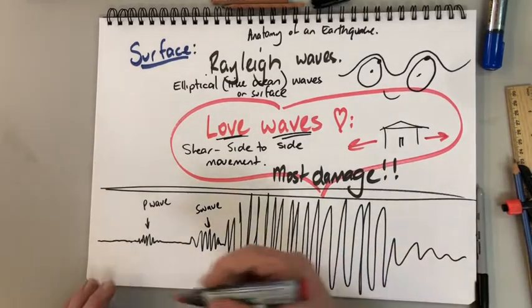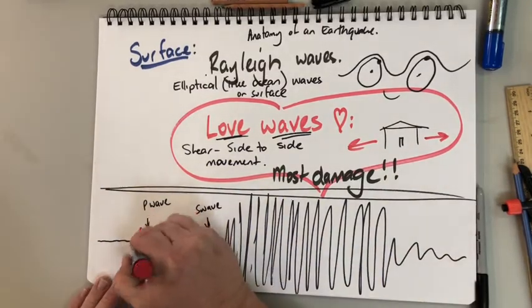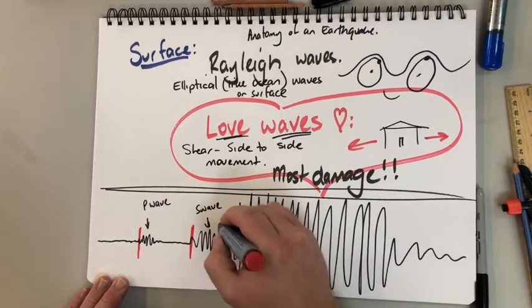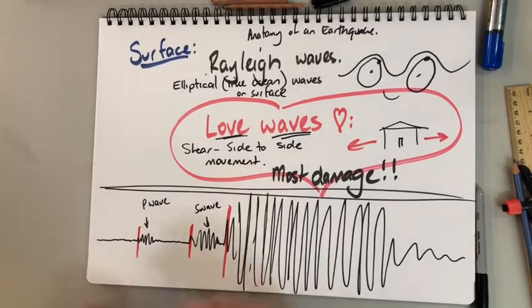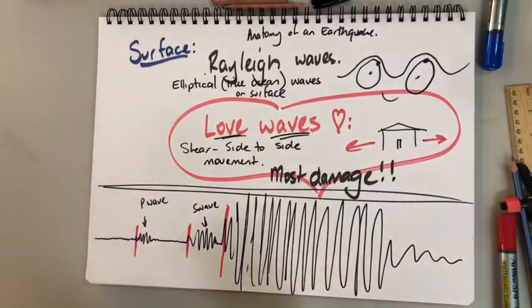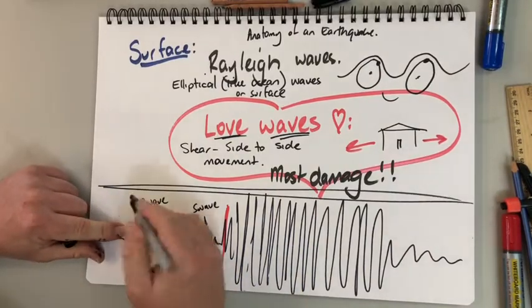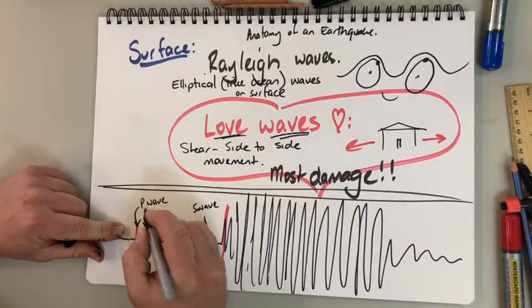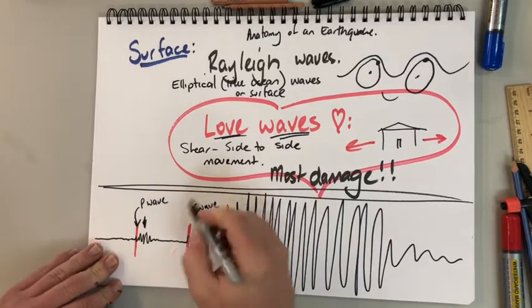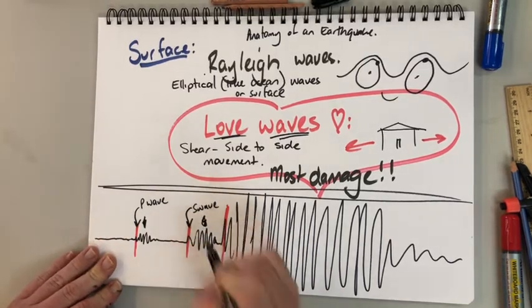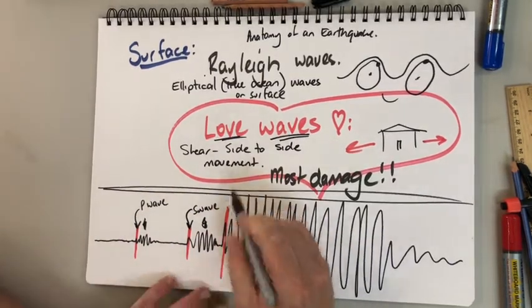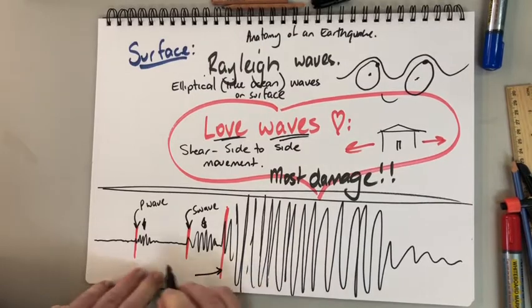Now what's important to notice here is these times. Here is the arrival of our P wave, that spot. Here's the arrival of our S wave, that spot there. And here is the arrival of our surface wave.